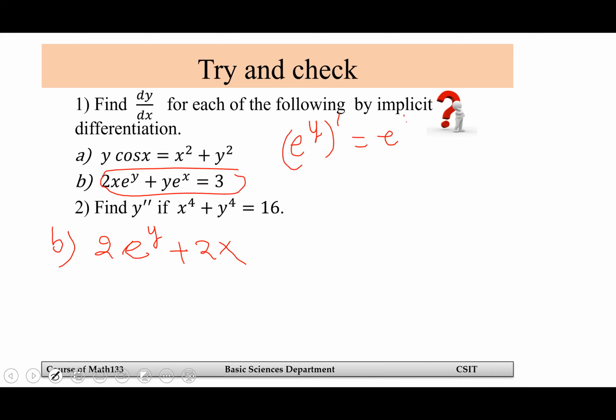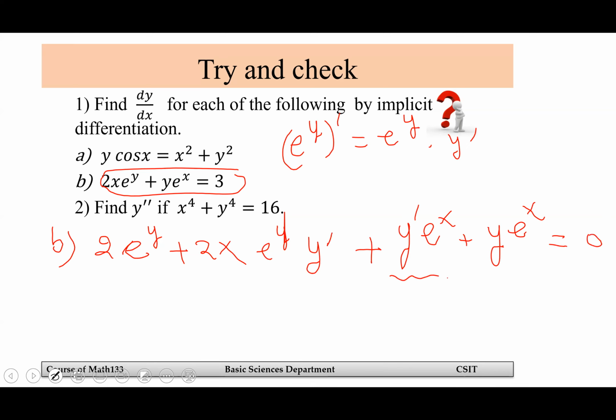It will give the same thing times y prime. So e^y times y prime out of the exponential term, plus y prime e^x plus y e^x, because the derivative of e^x is e^x itself, equal to 0.